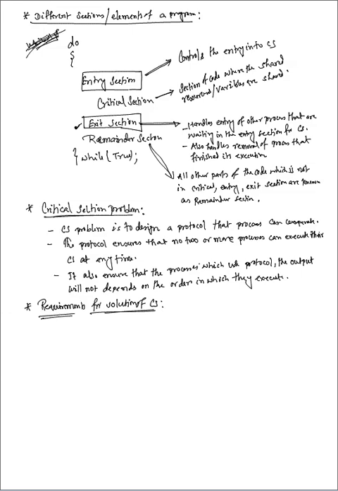The third one is bounded waiting. So what is bounded waiting? If you break the word, bounded means we bound or limit something. Whom? The waiting, which means we limit the waiting of any process. Basically, bounded waiting means no process should have to wait forever to enter its critical section.